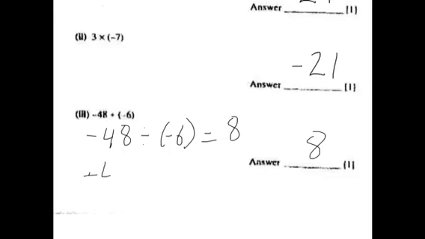If the question were minus 48 plus minus 6, well, in that case we're starting at minus 48 on the number line. We're adding on another negative 6, so it's really the same as subtracting 6. So the answer in that case is minus 54. Okay, hopefully it's one of those two.